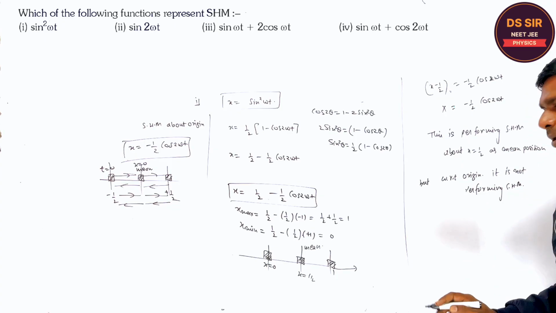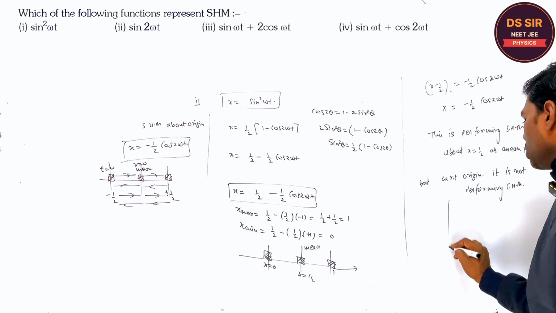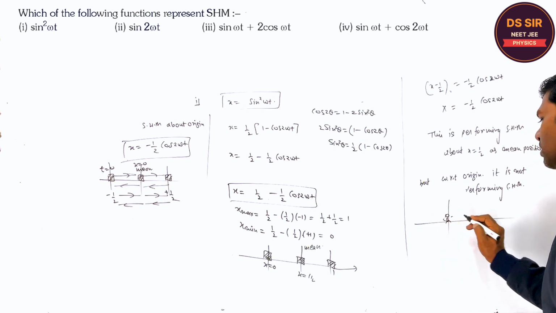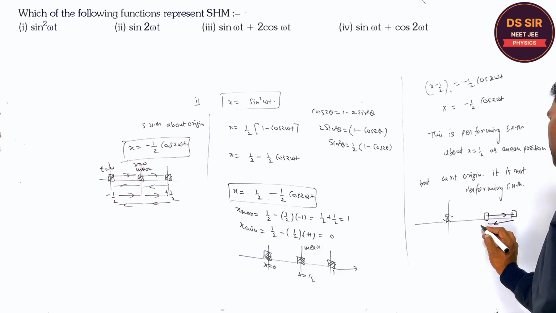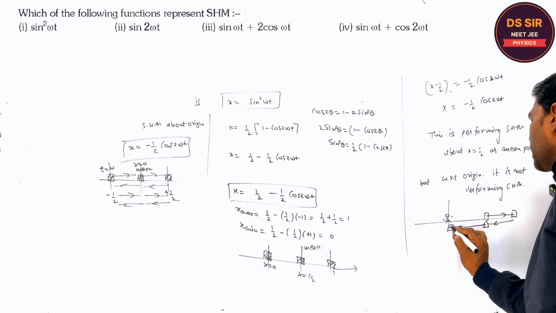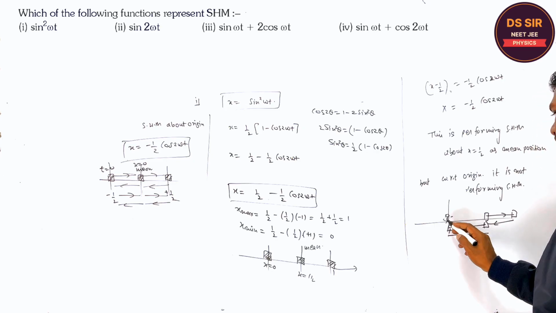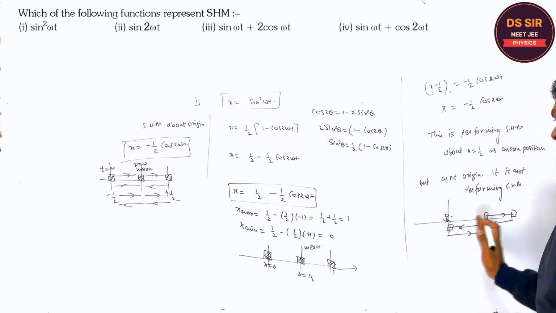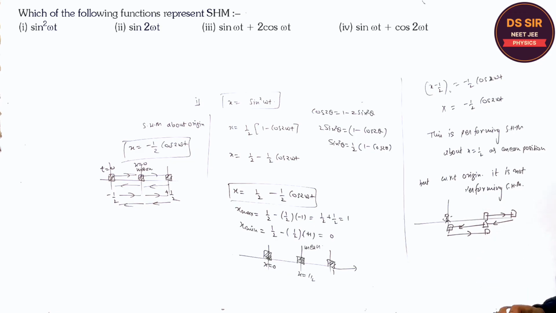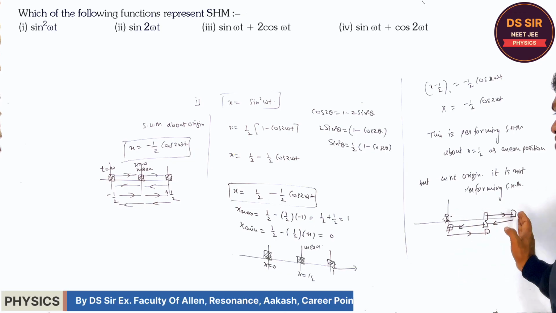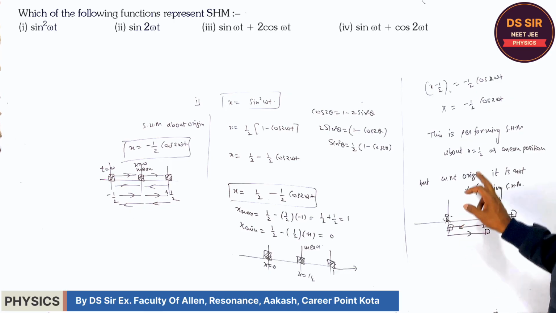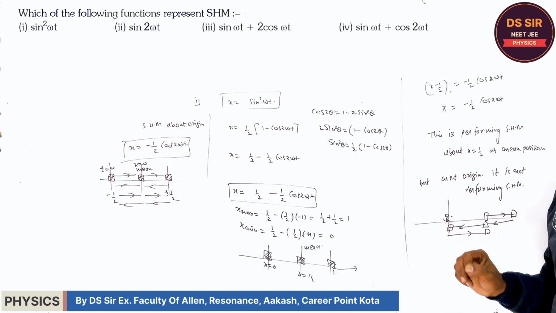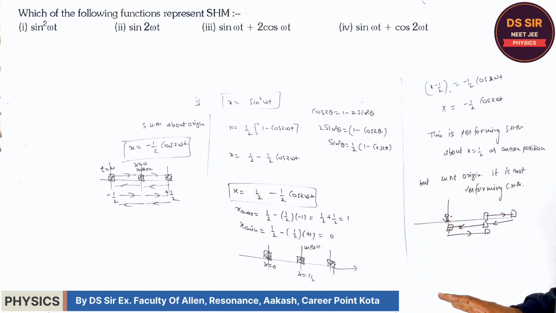Is it clear or not? Why is it so? Because if you are sitting over here, it is moving in this way, then coming, then moving, right? So with respect to origin, its displacement is always positive. Are you getting or not? So it is not performing SHM with respect to origin, but with respect to x is equal to 1 by 2 as a mean position, it is performing SHM. Is it clear or not, you tell?